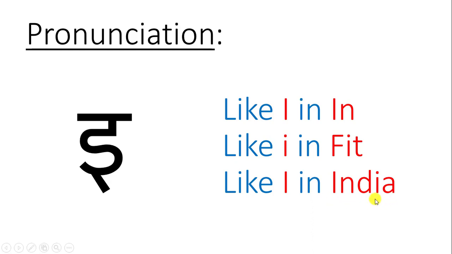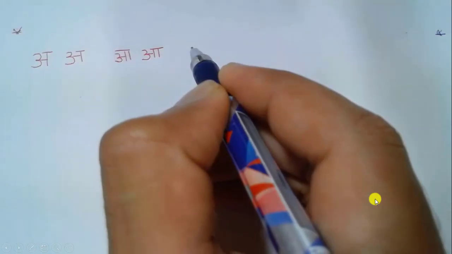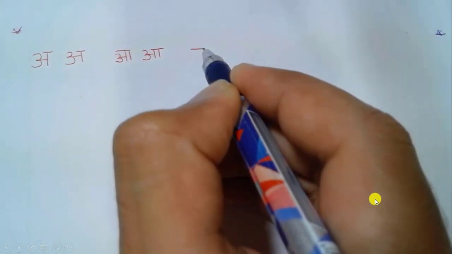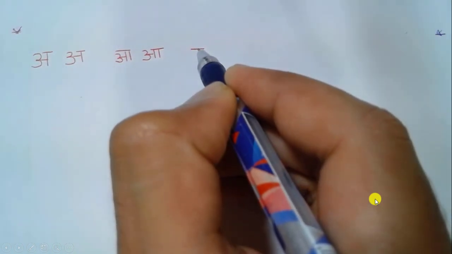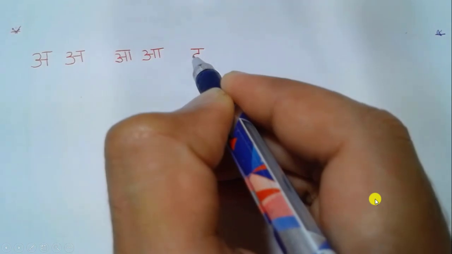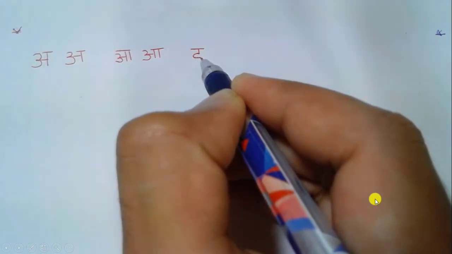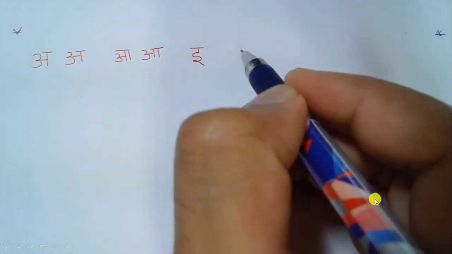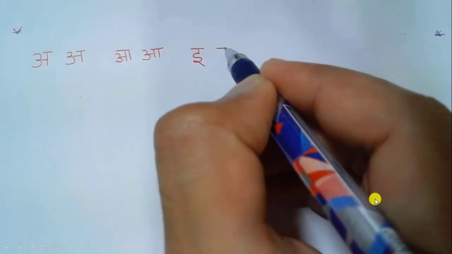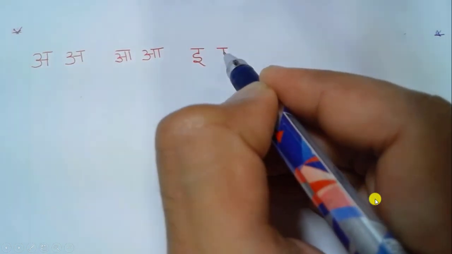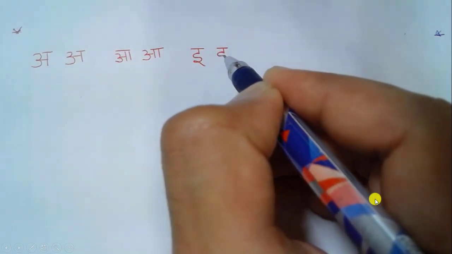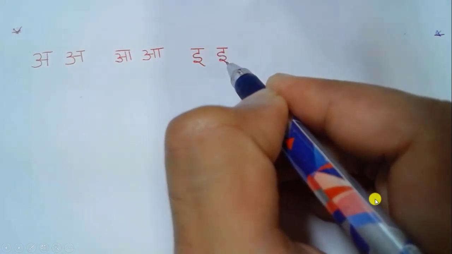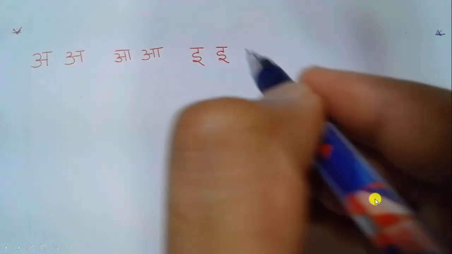India. All right. And this is how you write the letter i. Horizontal line, small vertical line, and in the last you make it like this. All right.